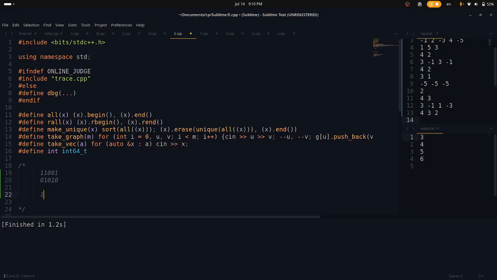But if we want to make the string like 1 0 1 0 1, then it takes 2 operations. But if you want to make this one, then it takes 1 operation, because we can just modify this part. So we need to find the number of subsegments which we need to change.